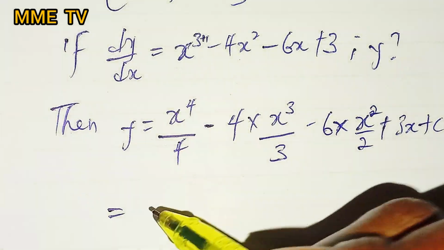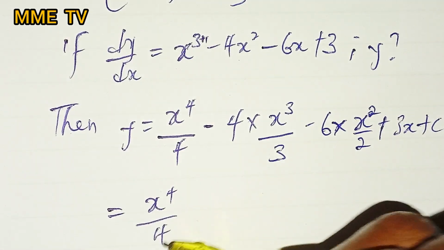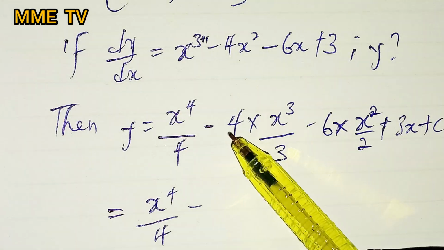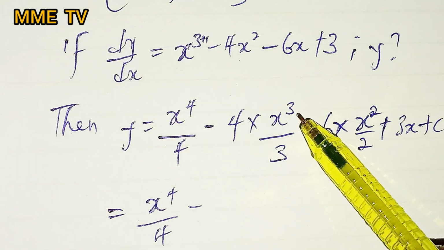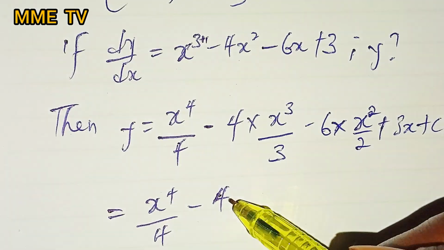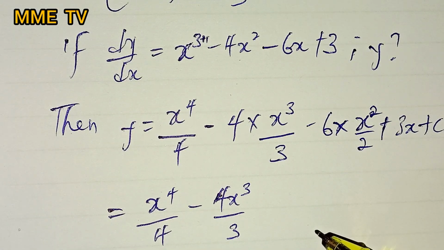Nothing can actually divide, so we still write it as x raised to power of 4 over 4 minus, now, minus 4 multiply x raised to power of 3 over 3 will give us the same, minus 4x raised to power of 3 over 3.